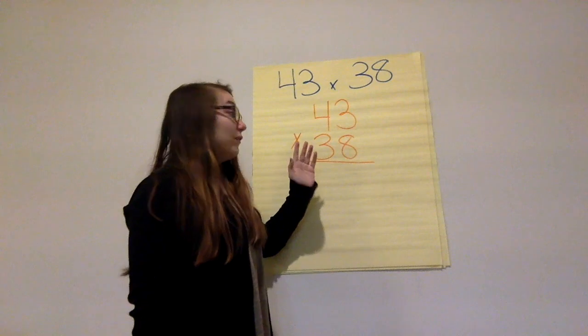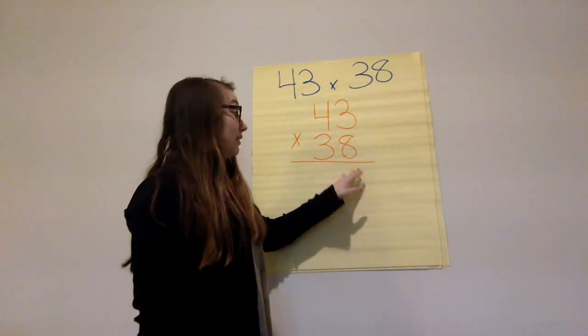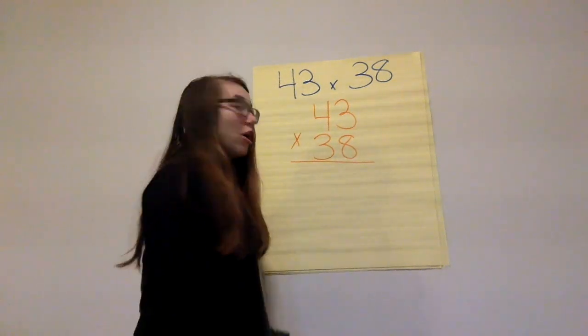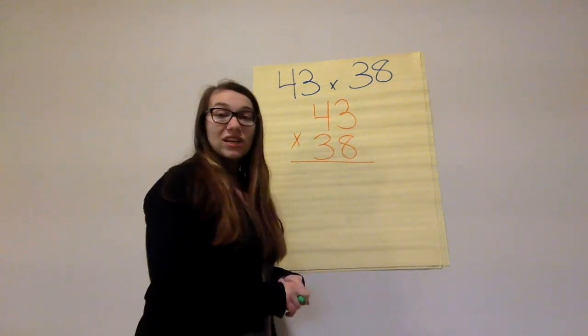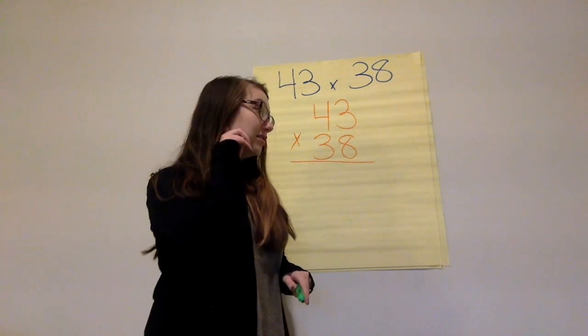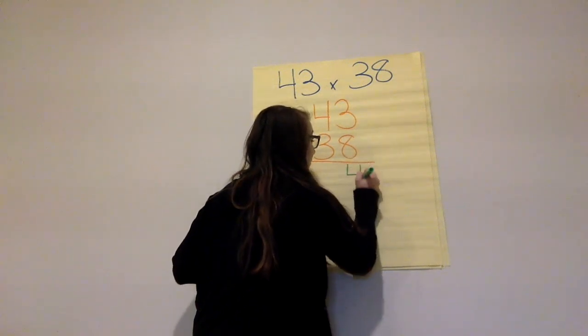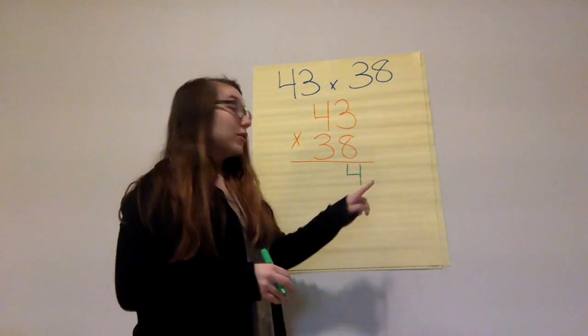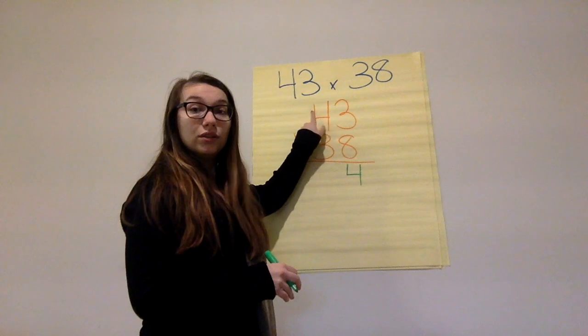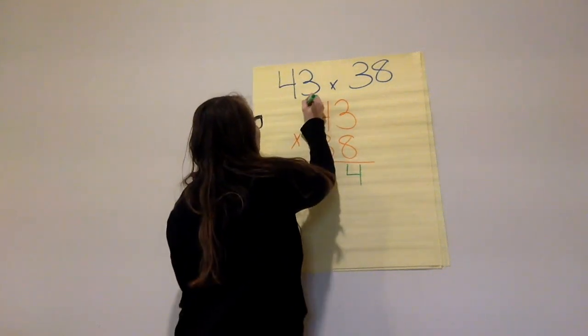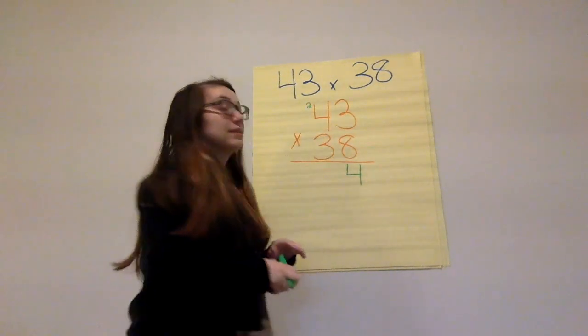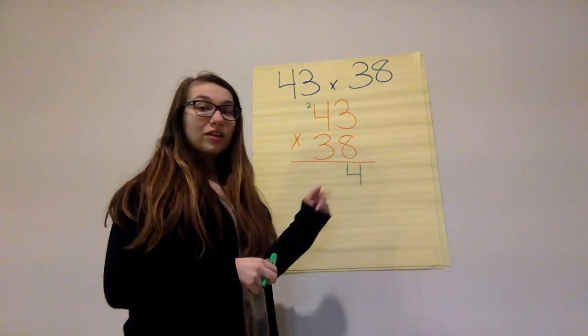Because 24 has a tens and a ones. So we are just going to put our ones place down here, which is the number 4. And then I am going to carry my 2 to our tens place. All right?